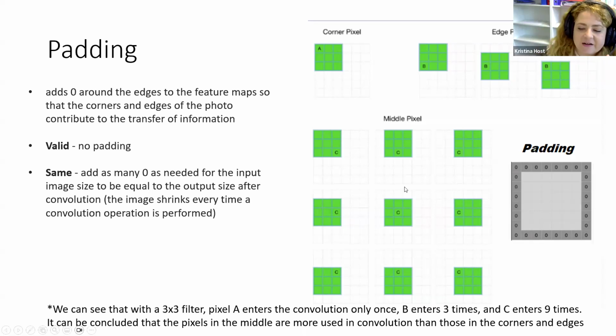If you want to include the corner and edge pixels more in the convolution, because maybe something important can also be at the edge and you want to detect that part too, you can use this thing called padding that adds zeros around the edges of the feature maps, so that the corner and edge pixels can also contribute to the transfer of information.